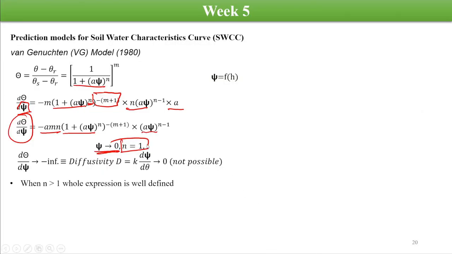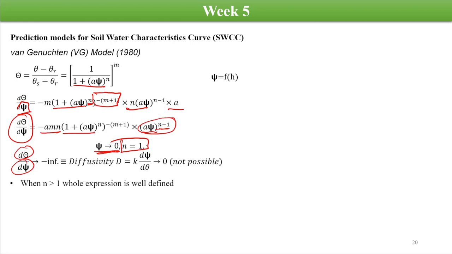Okay, so if we take the value of n as 1, then if we put n equal to 1 here, this value will be equal to 1 minus 1, which is 0. And del psi by del theta upon del psi will tend towards infinity.